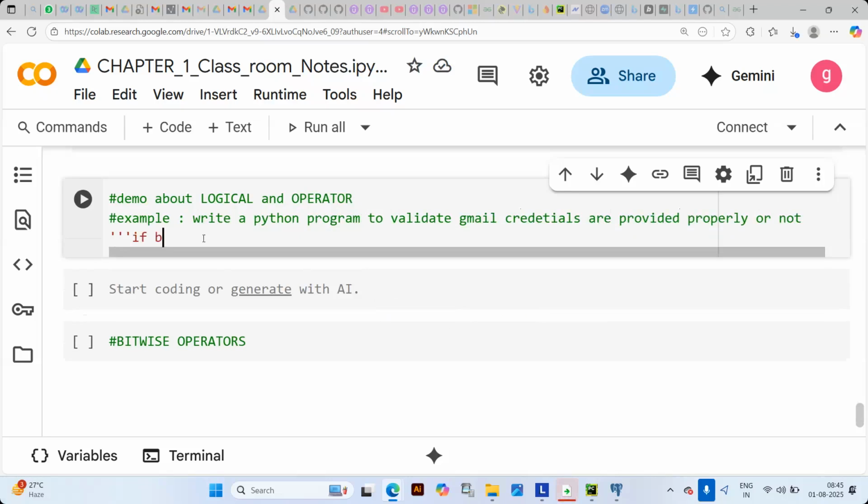If both mail and password are equal to the registration time mail and registration time password, then successfully logged in. Else, wrong credentials given.